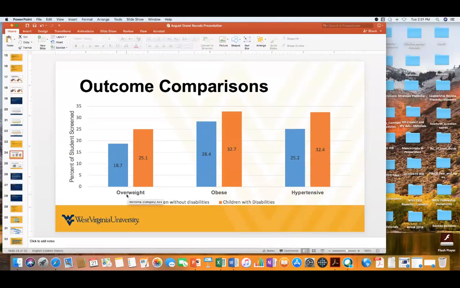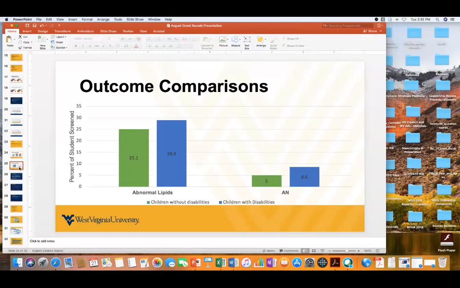So similar to the adults, we see increased percentages of the kids with disabilities, 25 versus 18.7, for instance, were overweight. A third versus 28 of kids without disabilities were obese, and a third were hypertensive versus 25% of those kids without disabilities.